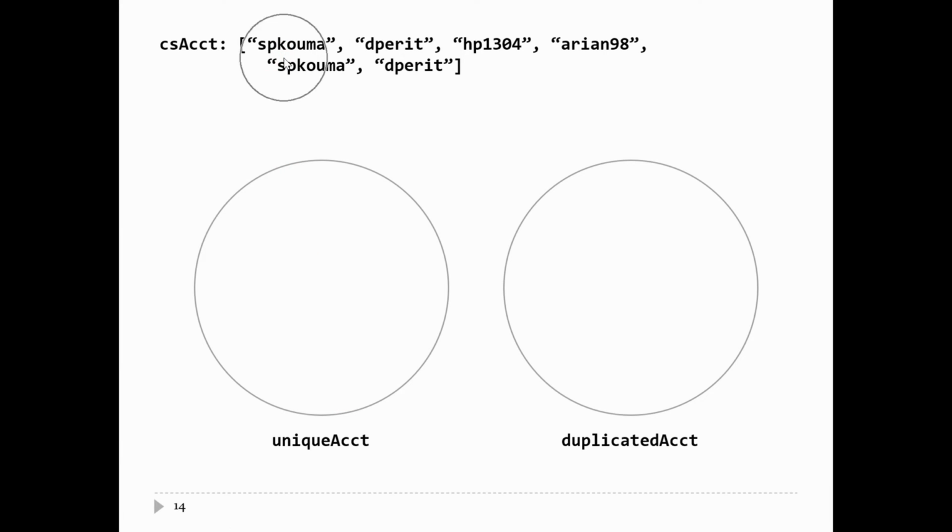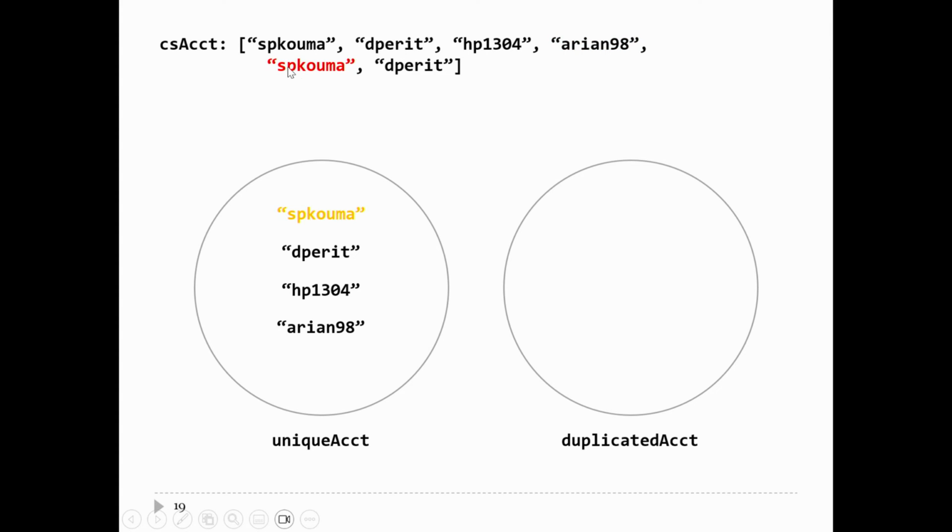You start the loop. First account name, empty set, so it gets added. Second account name, D Parrot, not in the set, so it gets added. HP1304, not in the set, so it gets added. Fourth account name, not in the set, so it gets added.